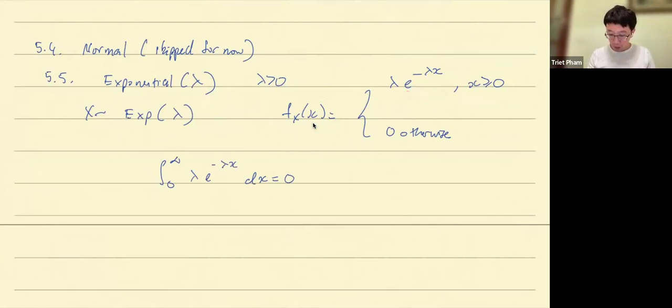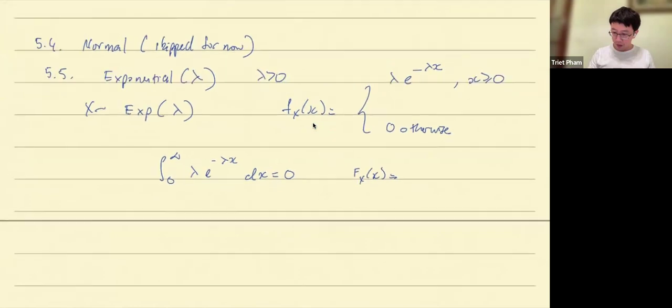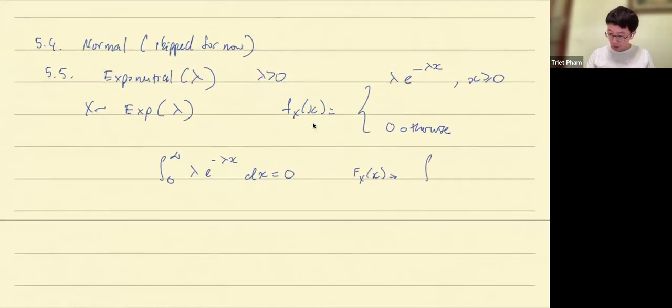What else? Well, the CDF for this is particularly easy. The integral from 0 to little x of lambda e to minus lambda u du is 1 minus e to minus lambda x.